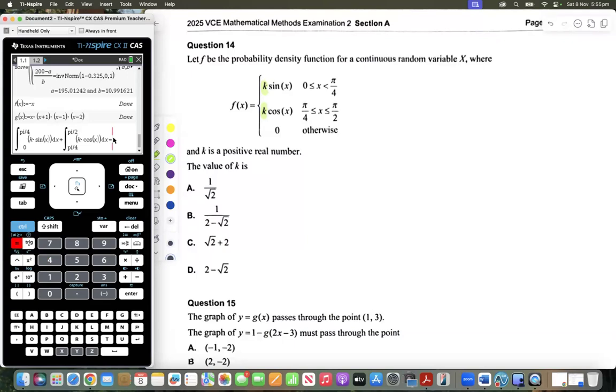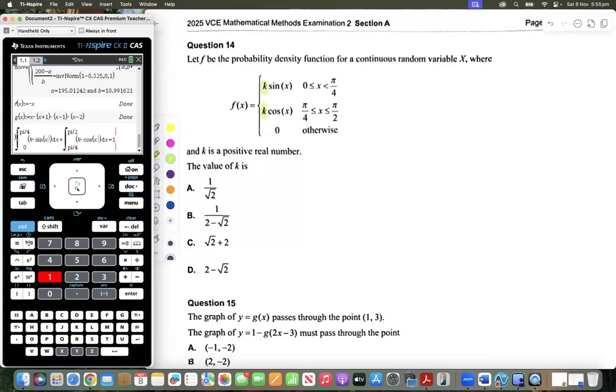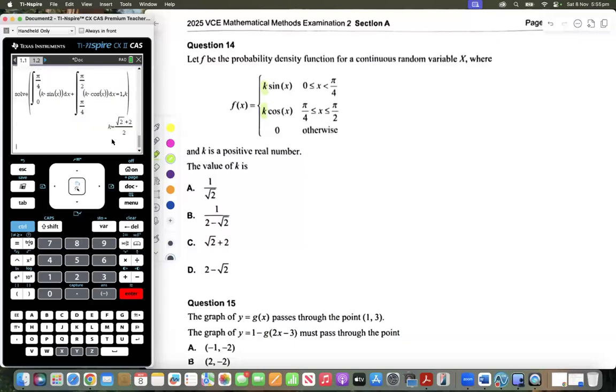This area has to be equal to 1. So I'm solving this for k. Okay, right. That's the answer. K is equal to, I have an answer like that.